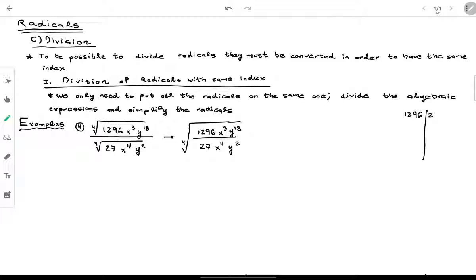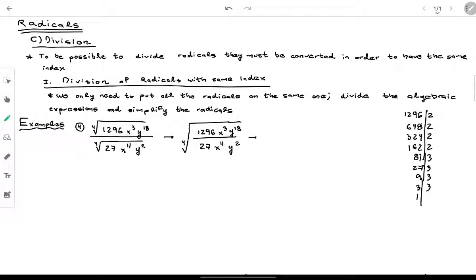We can divide it by 2, and it's going to be 648. We can divide it by 2, and it's going to be 324. We can divide it by 2, and it's going to be 162. Divided by 2, it's going to be 81. Then it's going to be divided by 3, 27, divided by 3, 9, divided by 3, 3, divided by 3, it's 1.